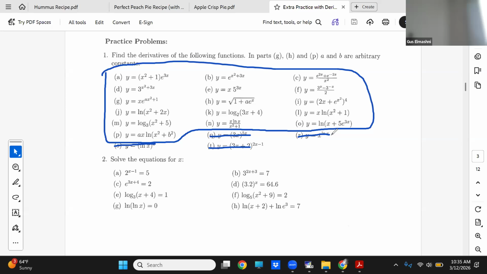Okay. I thought so. This is what's there.